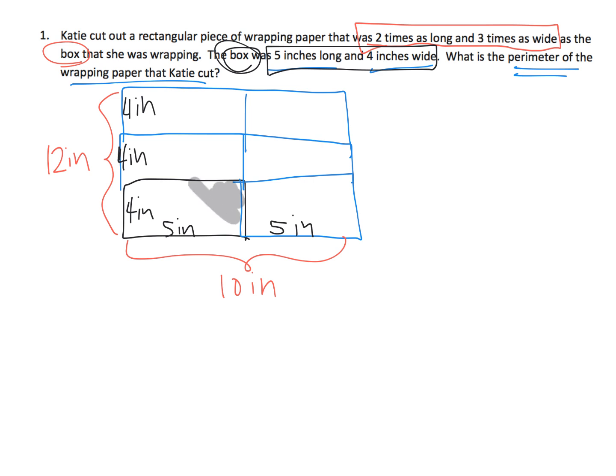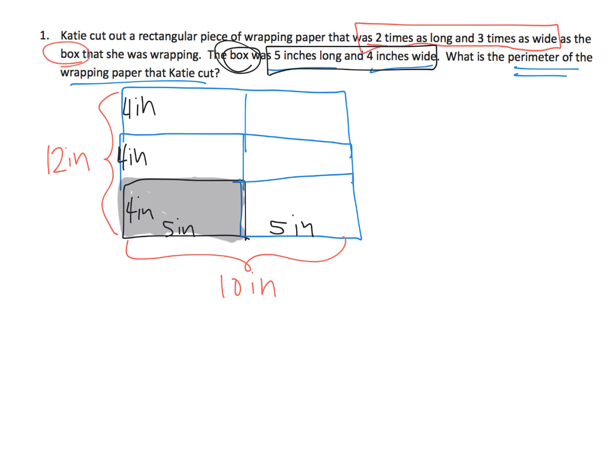This box right here is the original box. And this is twice as long and 3 times as wide. All right. Now the question is, what is the perimeter? What is the perimeter of the wrapping paper that Katie cut?